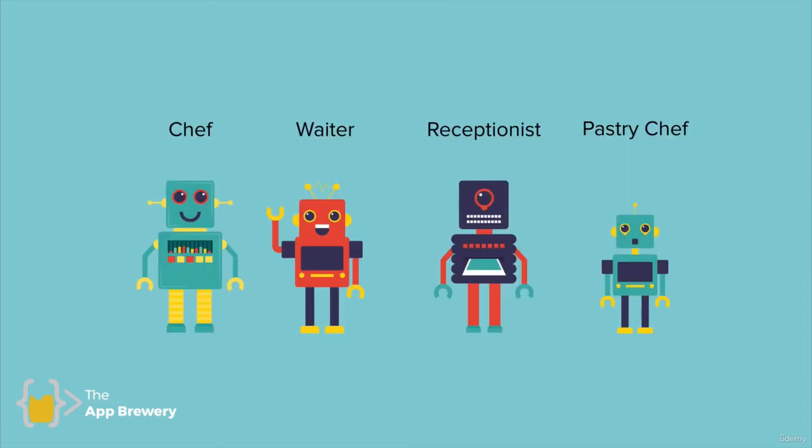Instead, it's much better to split out functionality into different components: the chef component, the waiter component, the receptionist, and the pastry chef. And this is what abstraction is all about: being able to build more complex systems by creating smaller pieces that have a defined job or defined role so that you can actually manage the complexity.